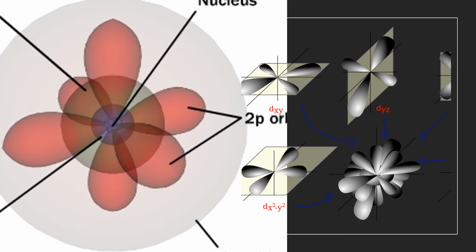We also have a complete set of p orbitals here. Py, px, pz. Each orientation can hold up to 2 electrons. So a complete set of 3p orbitals can hold 6 electrons. As it stands right now, this combination of orbitals in this atom could hold up to 12 electrons.